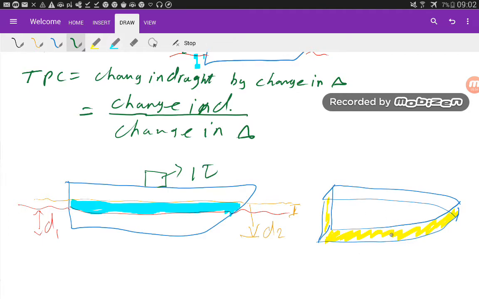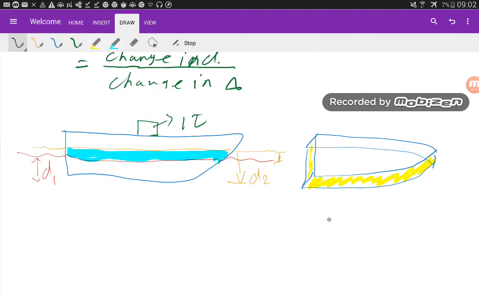How much is this volume? If you remember, we had density as mass over volume, hence mass will be density times volume.